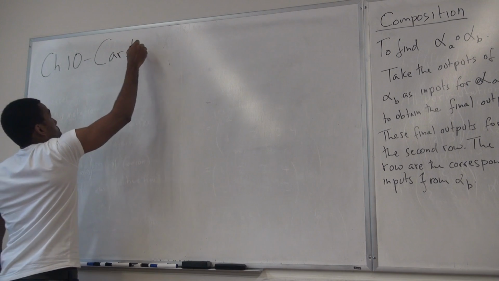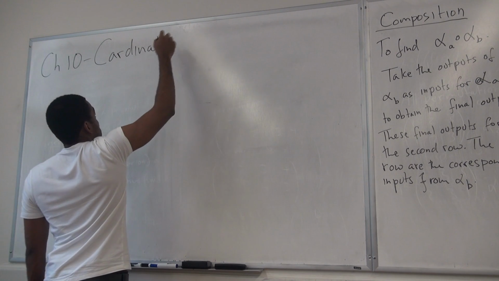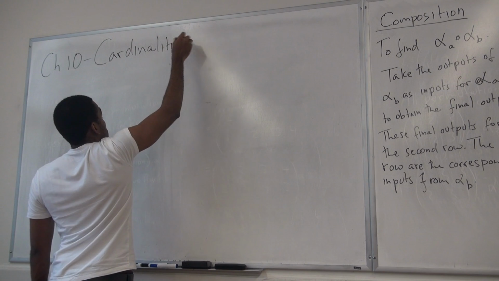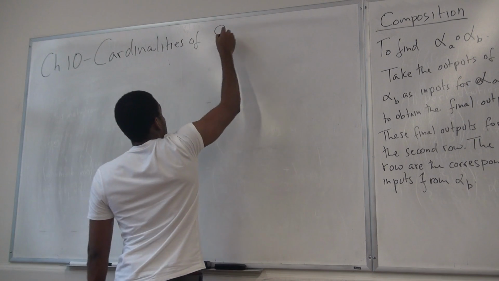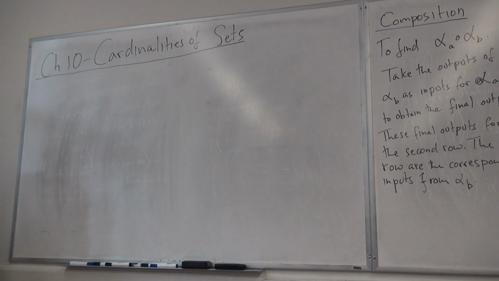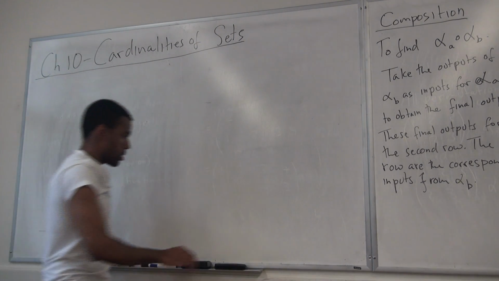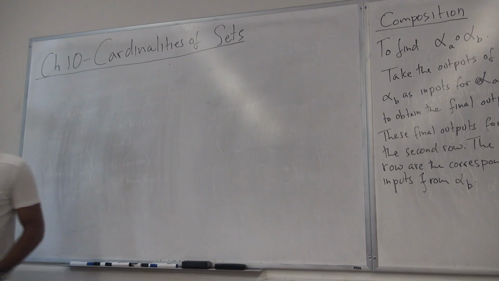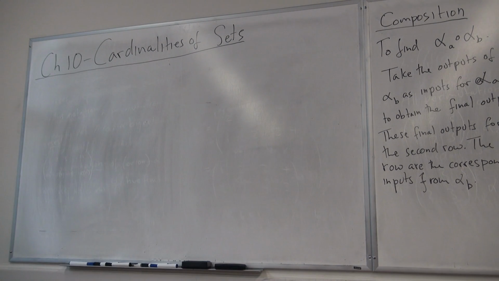A very cool chapter. We're going to talk about the cardinalities of sets. We're not going to go too crazy here, because this is a topic that has literally put mathematicians in insane asylums.